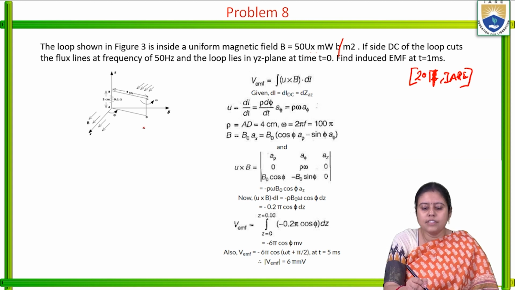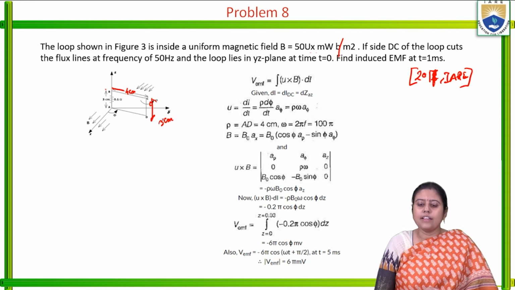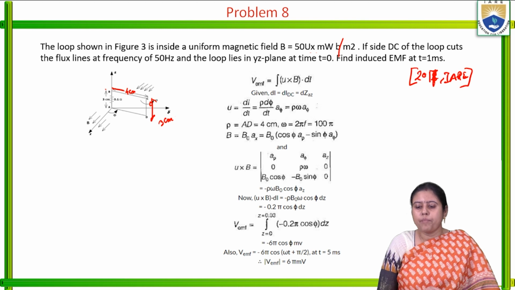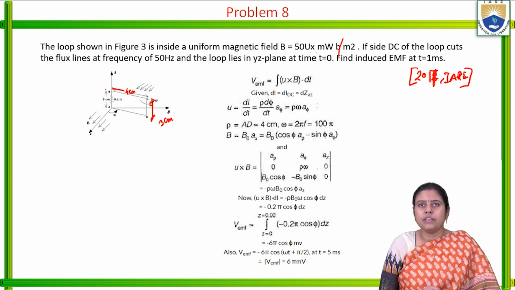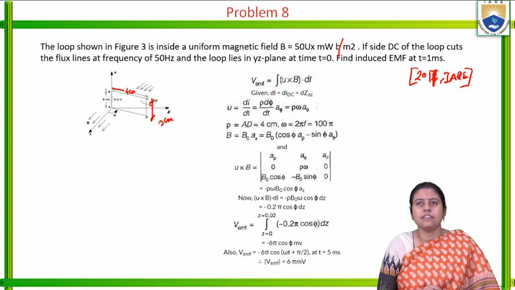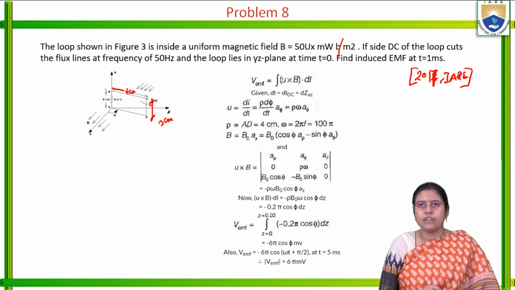So you can see this is a loop where this is 4 centimeter, and the height is 3 centimeter. It is given that the flux density B is equal to 50 a_x, which means the B is in the X direction, and it is 50 milliweber per meter square.